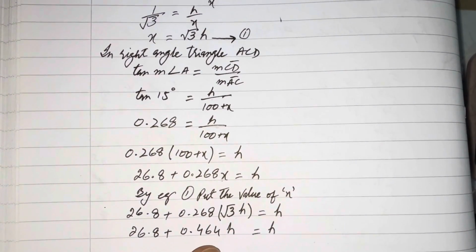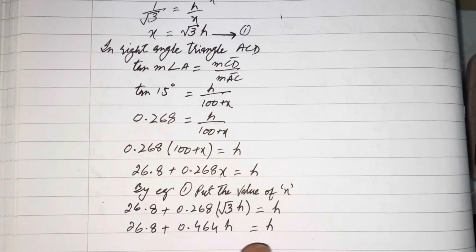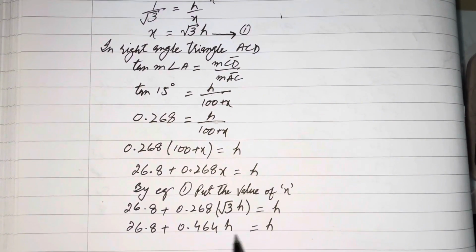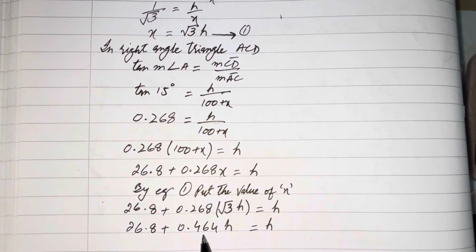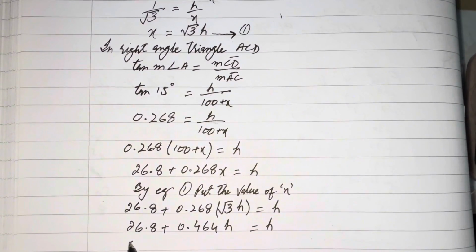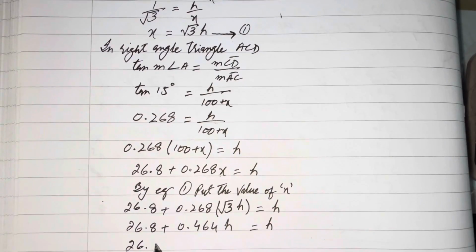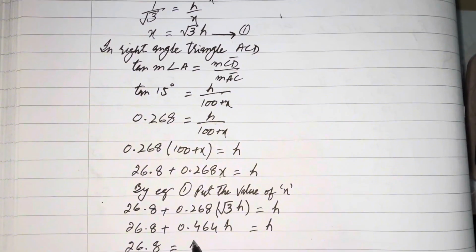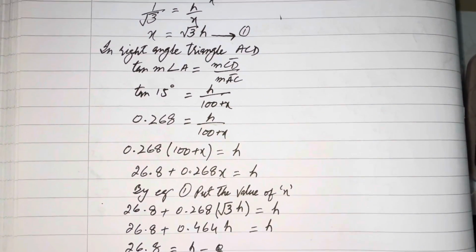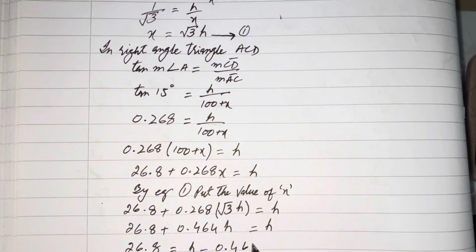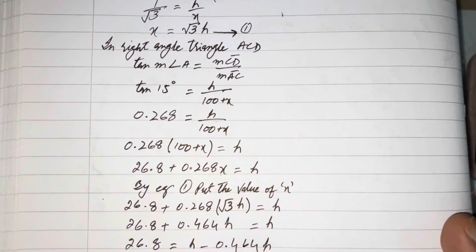Now take this value to the other side of the equation to simplify with the h, because we can combine the same terms. So the equation can be written as 26.8 equals h minus 0.464h.